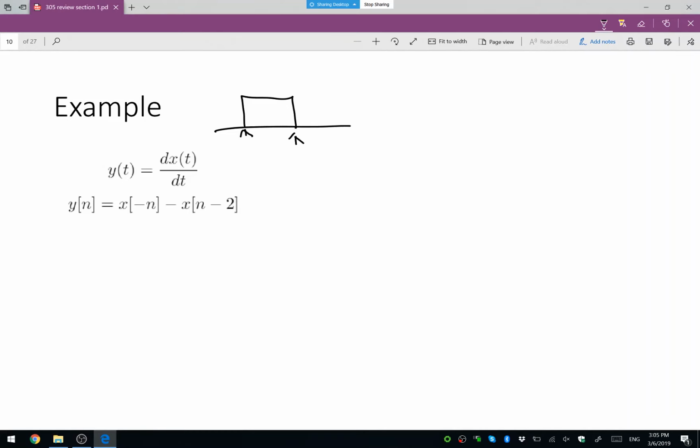So for the second example, can anyone find one counterexample for that? No. It looks like it's not very clear what the counterexample can be. So we're going through a math derivation of this. For the math proof, the first step is saying I have a bounded input, but it's an arbitrary function.